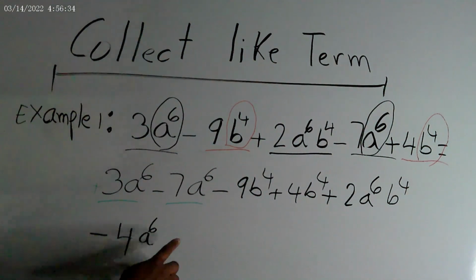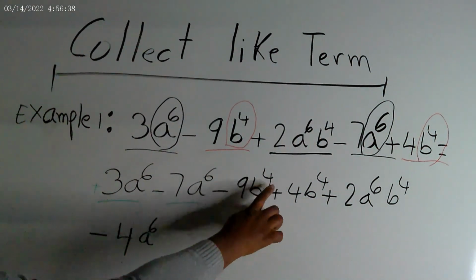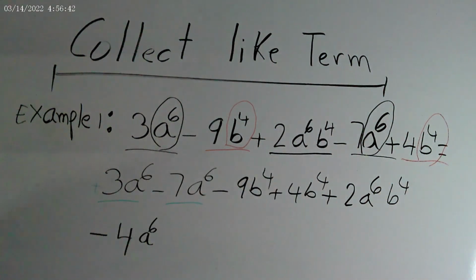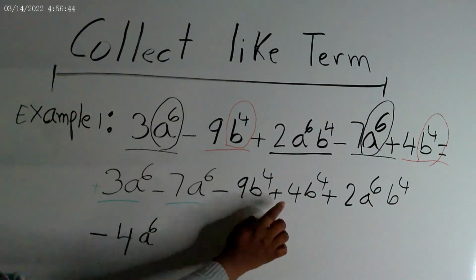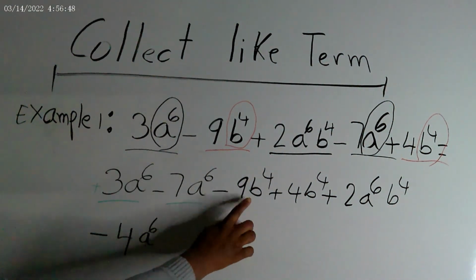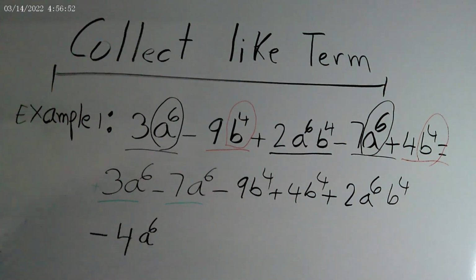And the next one, you have minus 9b to the 4th plus 4b to the 4th. So you're going to keep the sign of the biggest number, which is minus 9. 9 is bigger than 4, so you keep the sign of 9.